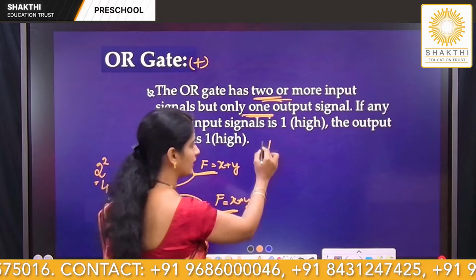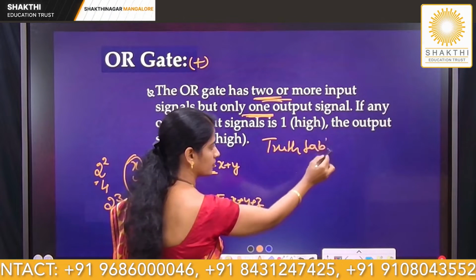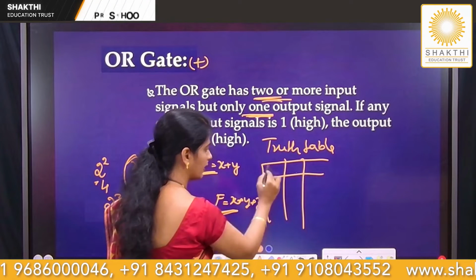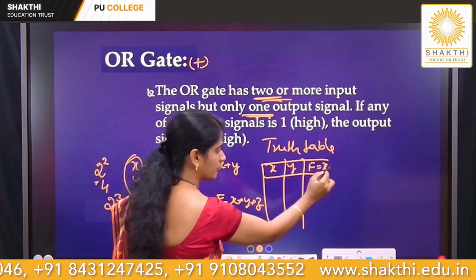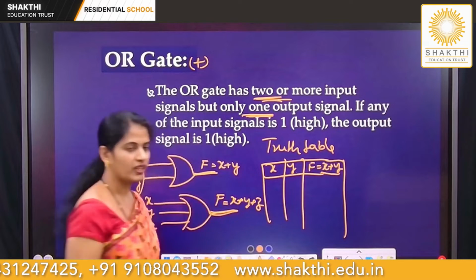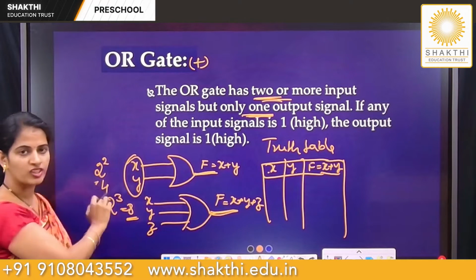That is called designing the truth table. The 2 input truth table will be like this: X, Y, F equals X plus Y. This is how we can write the truth table. The 2 input OR gate has 4 possible combinations.